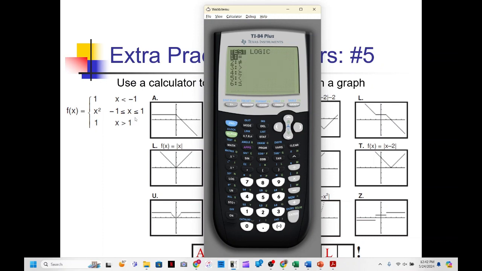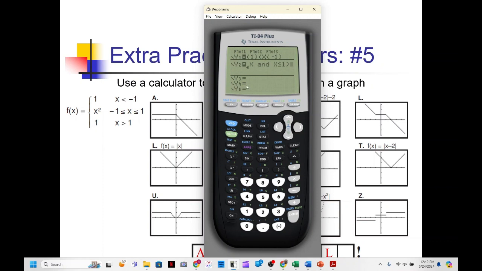Second test, less than or equal is 6. So less than or equal to x. And to get and, I have to go back to my test menu and then arrow over to this logic menu. And I have to select and. So we've got and x less than or equal to 1, close parentheses.